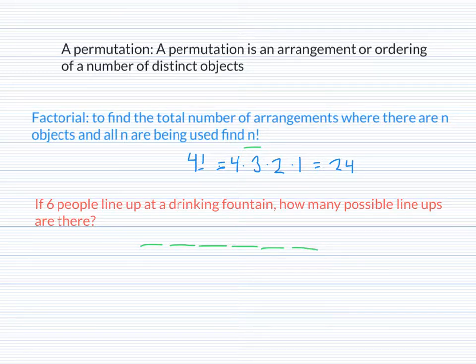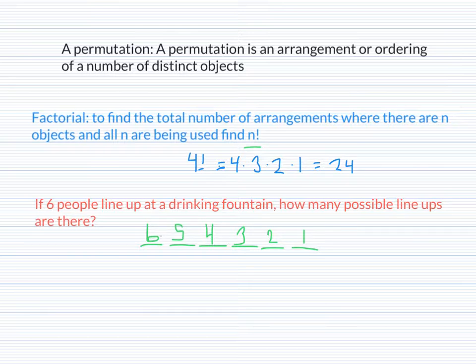And just thinking of this not in terms of factorial, just so you can understand the factorial, the first spot in line, there are 6 people that can be picked. Now, if one of the people's picked, now you only have 5 people for the second spot, 4 for the third, 3 for the 4th spot, 2 people to pick from for the fifth spot, and for the very last spot there's only one person.